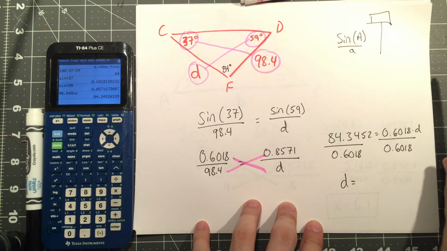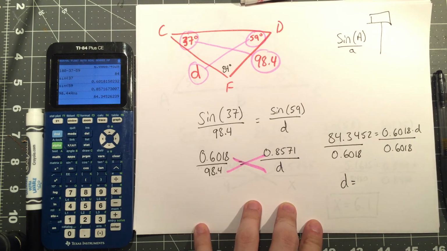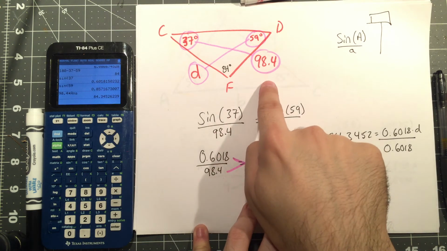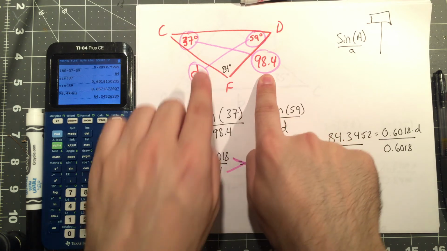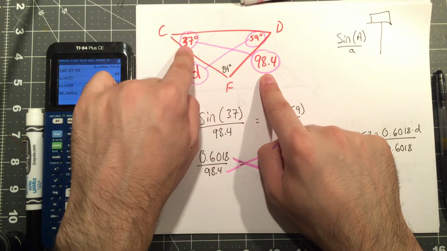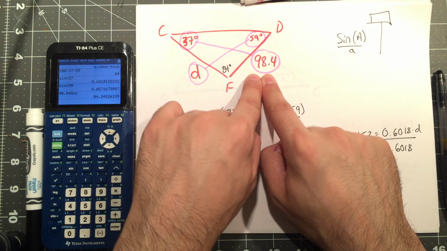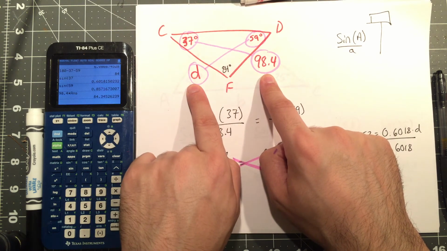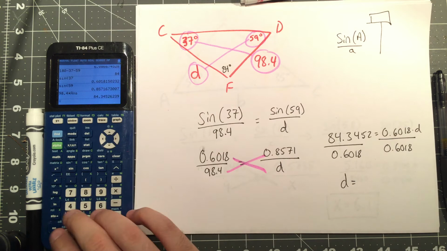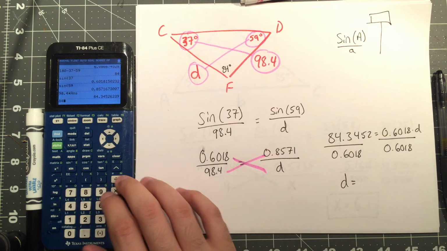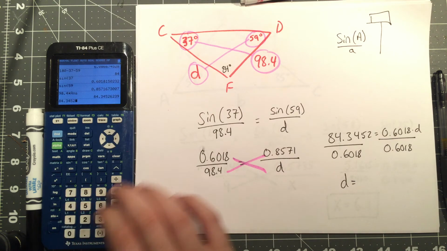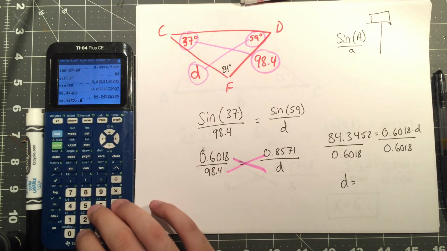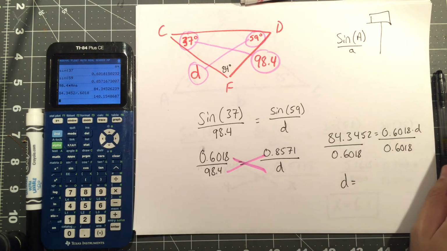Now, what I'm going to do is remember what kind of number I want to find. Do I want something bigger or smaller than this? Well, the magical angle box gave me 37, spat out 98.4. So 59 should be something bigger, pretty significantly bigger. So I'll do 84.3452 divided by 0.6018.